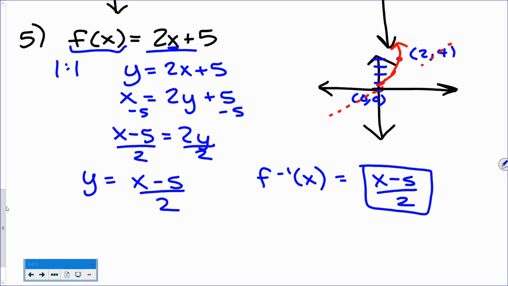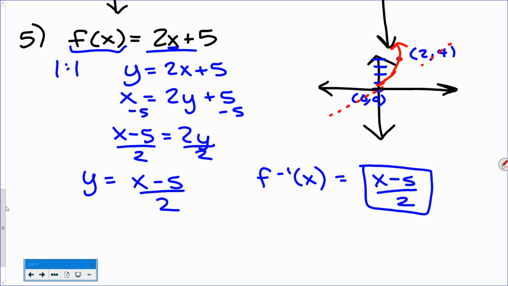In other classes, we've talked about how the x and y are only switching in terms of, if I graphed this, that's my new input. It doesn't necessarily mean that they completely replace each other. So we have some teachers that will disagree with writing it this way.